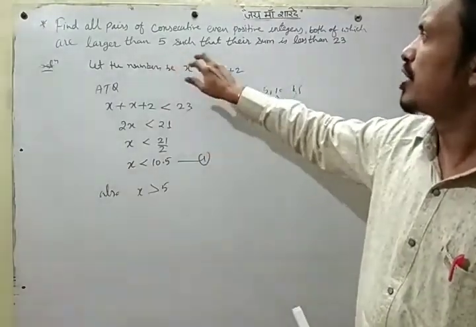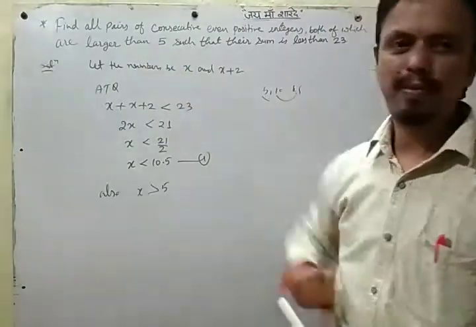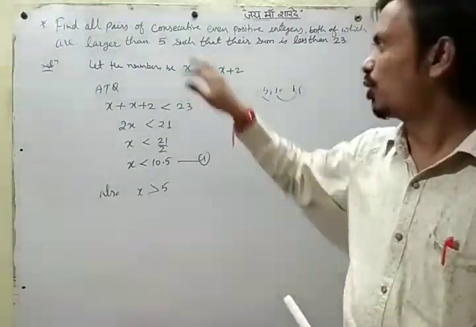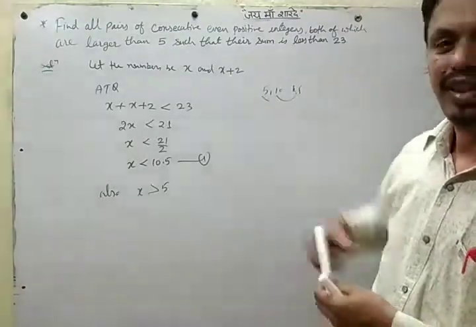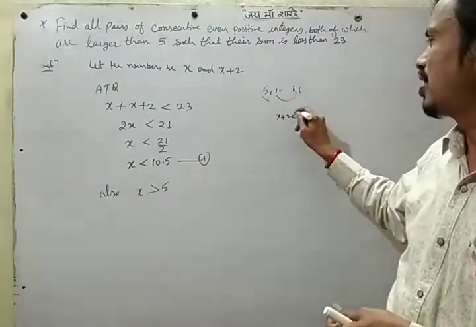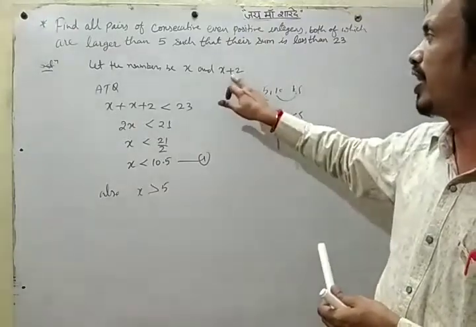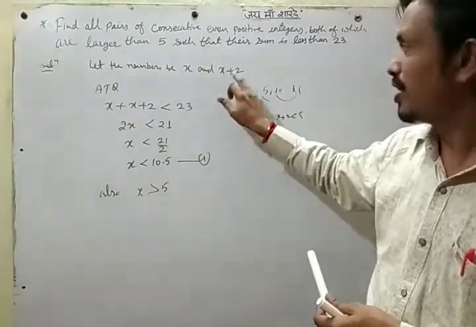If your question is both are smaller than 5, then what will we do? Then we take the larger number. If X plus 2 is less than 5, so definitely, if the greater number is this one, this is greater.